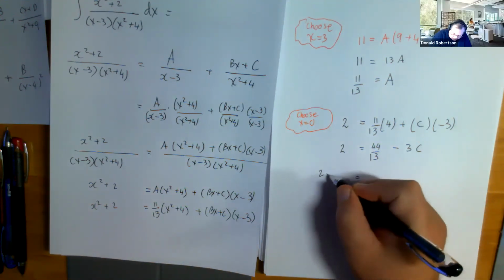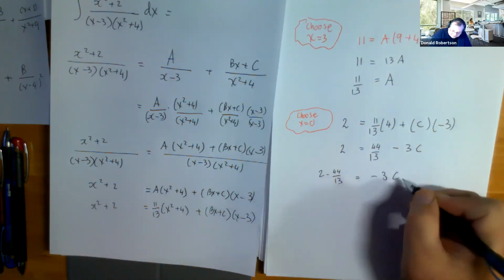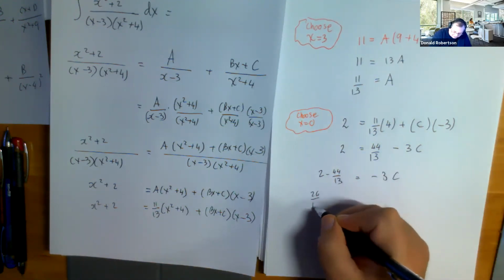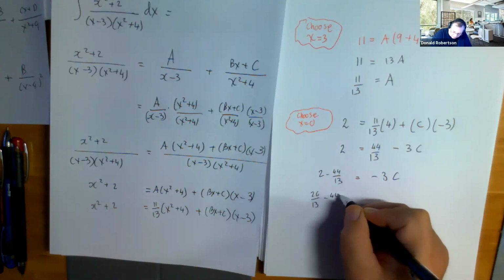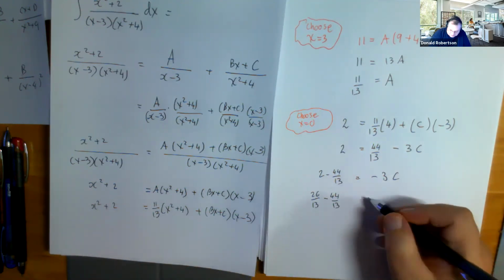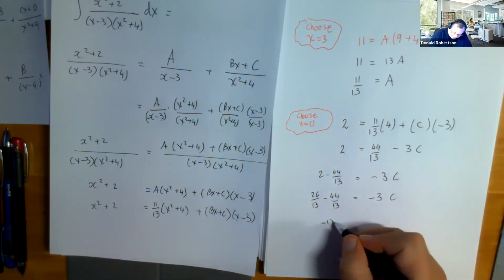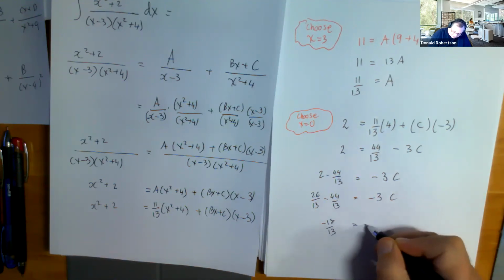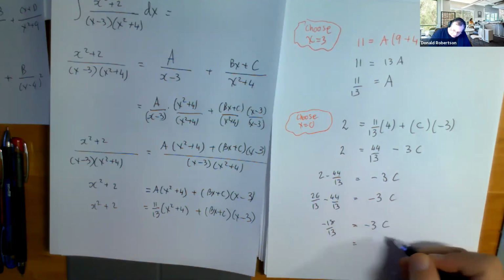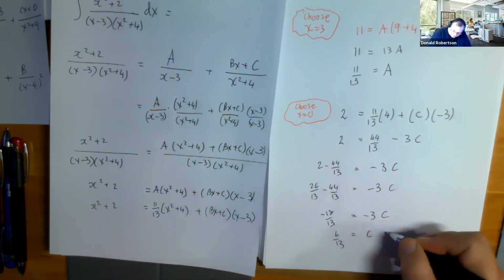The only reason I'm writing this down is to make sure I don't screw up. Well, that's 26/13 take away 44/13. You know this is all done by calculator, right? What does that get me? I make it minus 18/13. And then divide everybody by minus 3 and you get plus 6/13.